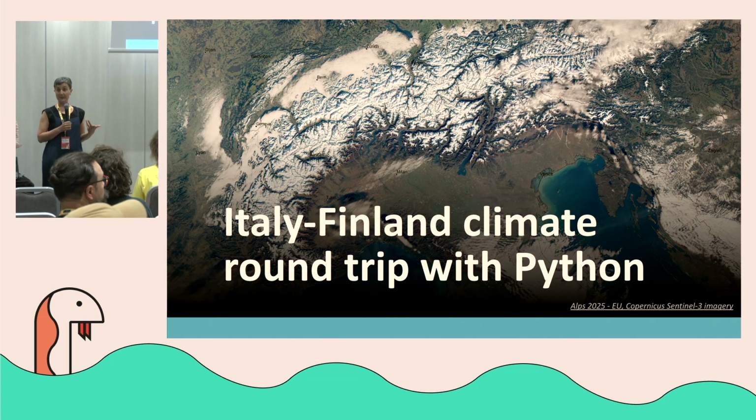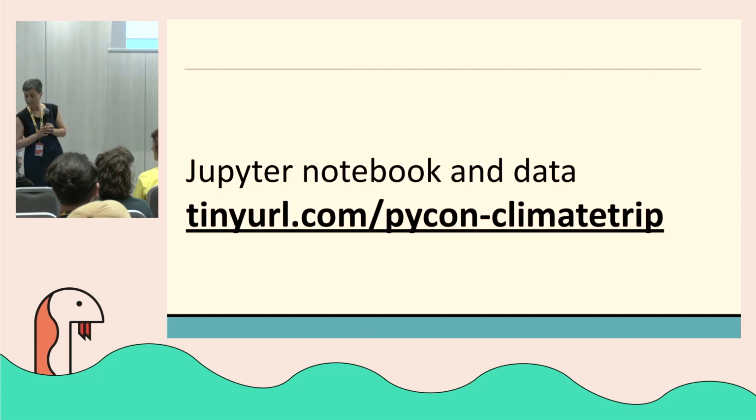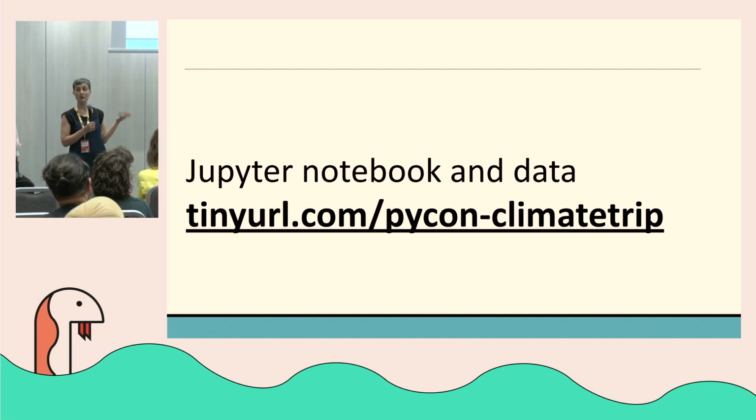We will start with a brief theoretical introduction about climate data. After that, we will code together with a Jupyter notebook that you can download if you want to follow along.